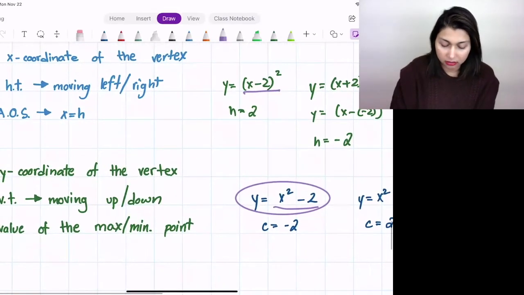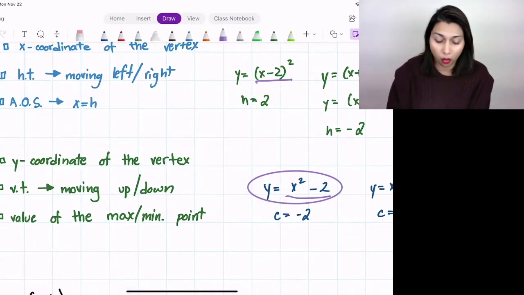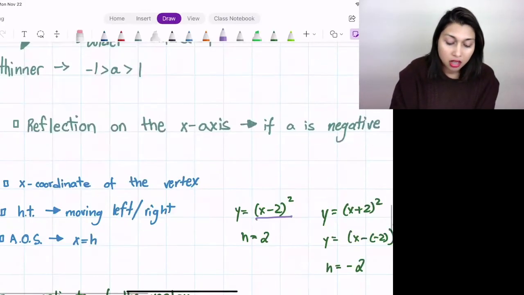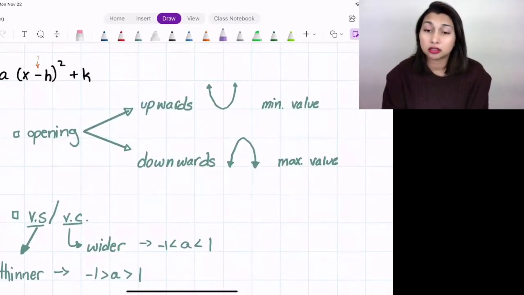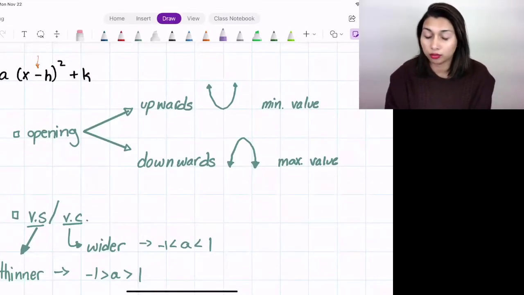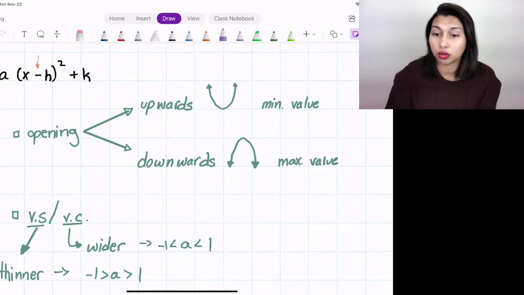And then lastly, the k value tells us the value of the max or min point. So a tells us if there is a maximum or minimum, and k is the one that gives us the actual value.